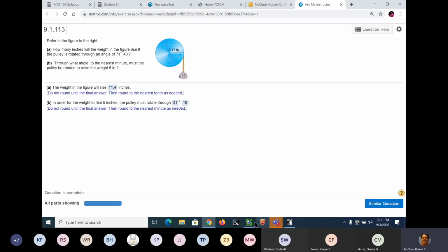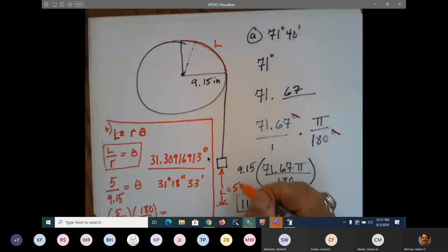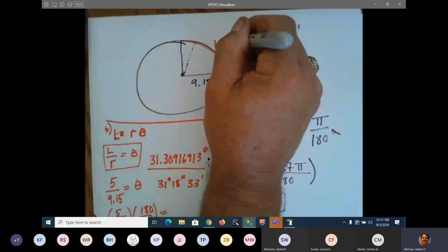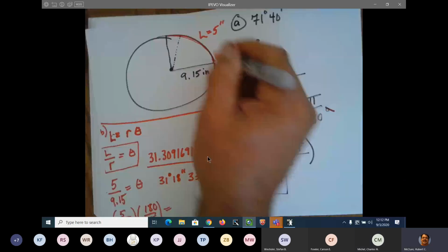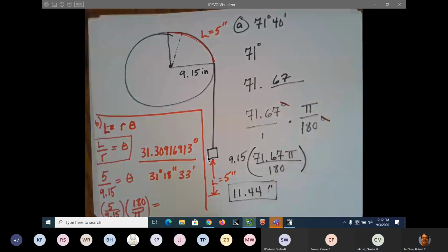And that's where I told you, if you raise the weight 5 inches, then that means this arc length is equal to 5 inches. That's why I colored them orange. These two are equal. Okay, I see what you mean.